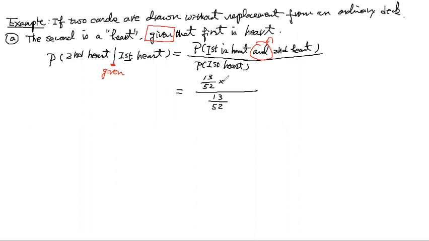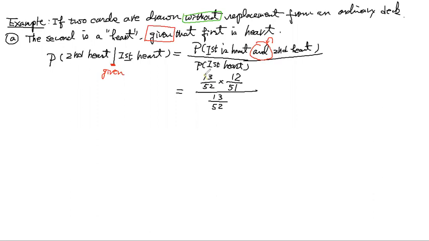Then after you draw the first one, you only have 51 cards left, because it's without replacement, so you don't put it back. And because you already drew one heart, for the second card to be a heart you only have 12 left, correct?